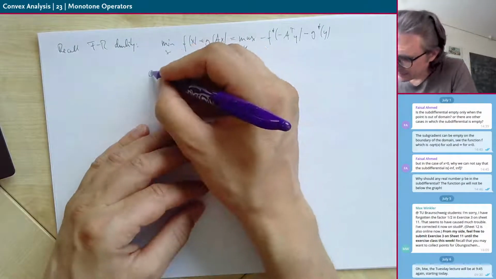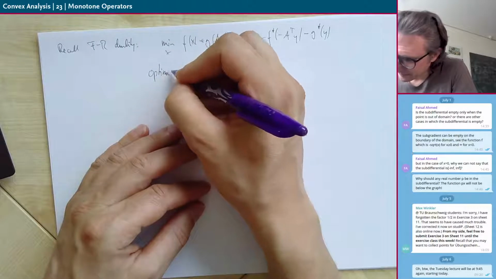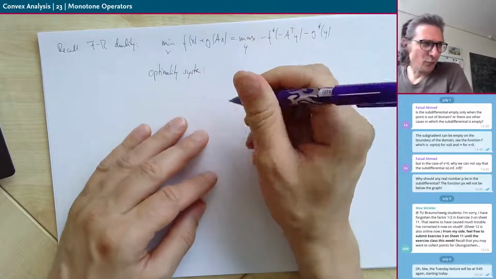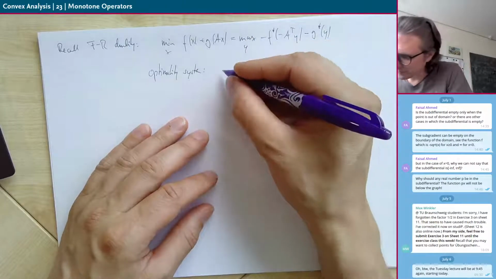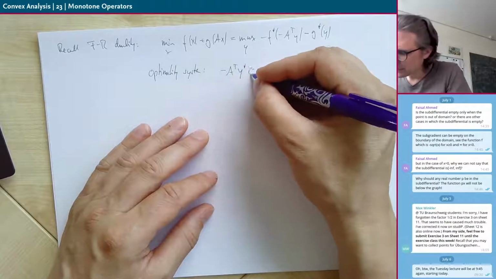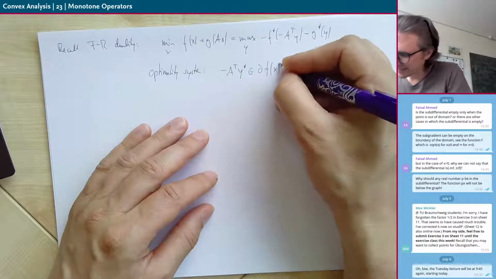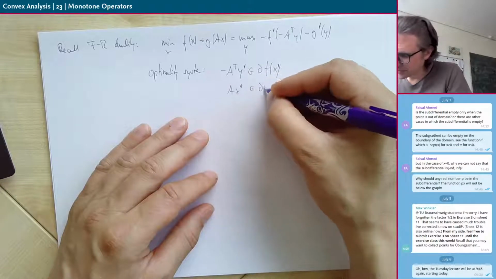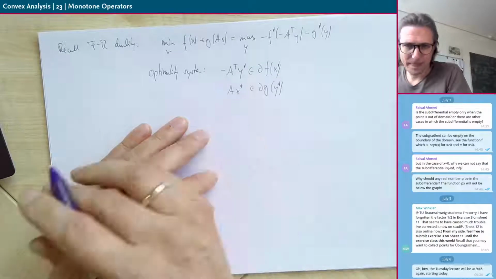And for the optimality system we had different ways to write it. I choose this way: minus A transpose y star is an element of the subgradient of f at x star, and A x star is an element of the subgradient of g star at y star.